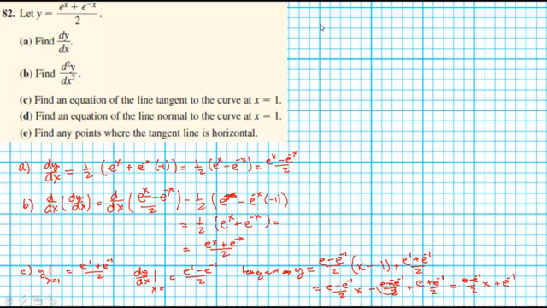If we want to find the normal in part D, the normal is going to be the same, except the slope is going to be 2 over (e minus e^(-1)), with a negative sign.